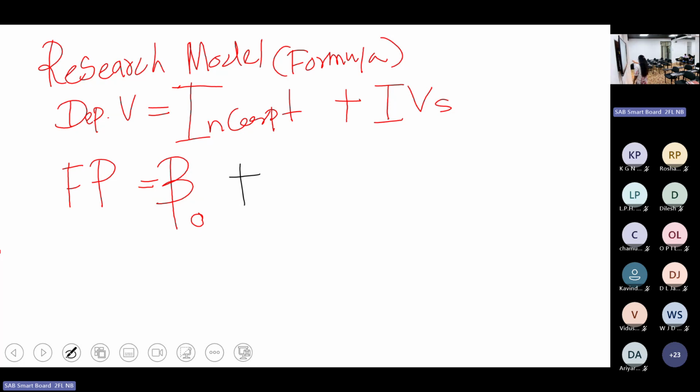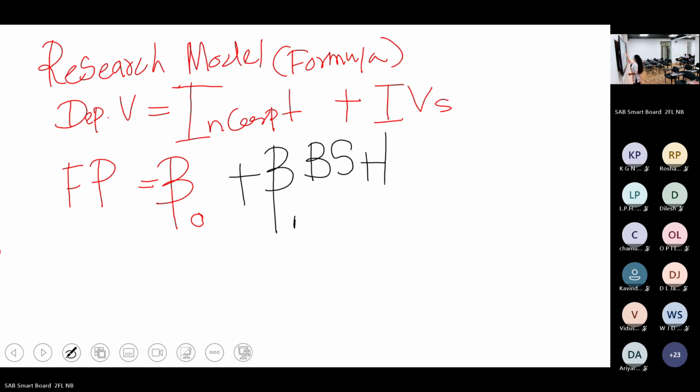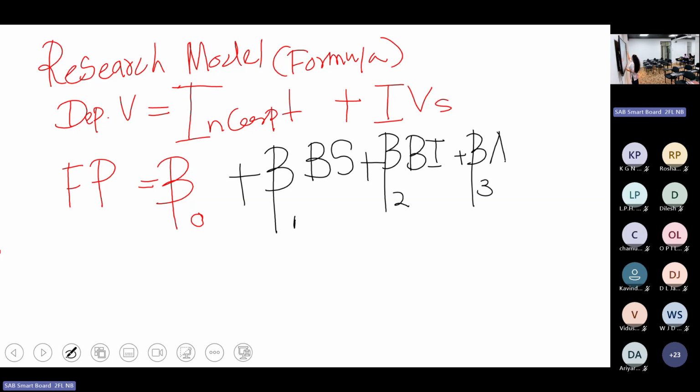Beta 1, the coefficient of the first variable, board size, then beta 2 into board independence, plus beta 3 into audit committee, plus beta 4 into CEO duality, plus beta 5 into leverage.